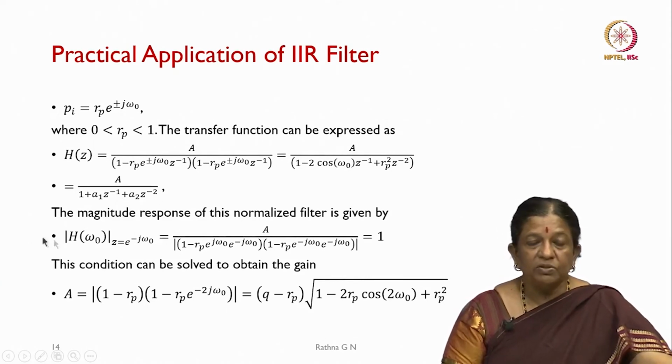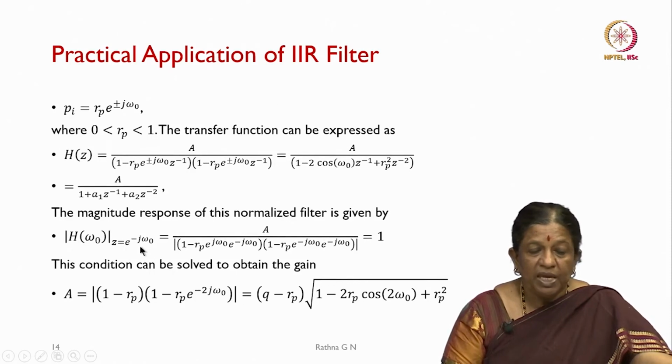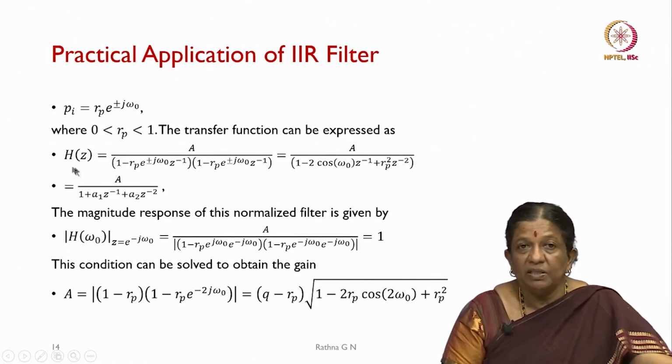So, what happens in the frequency domain? If we consider the normalized filter, the magnitude response is obtained by substituting z equal to e to the power j omega naught in this equation. Then the magnitude of H of omega naught is given by A divided by 1 minus Rp e to the power j omega naught, times 1 minus Rp e to the power minus j omega naught.